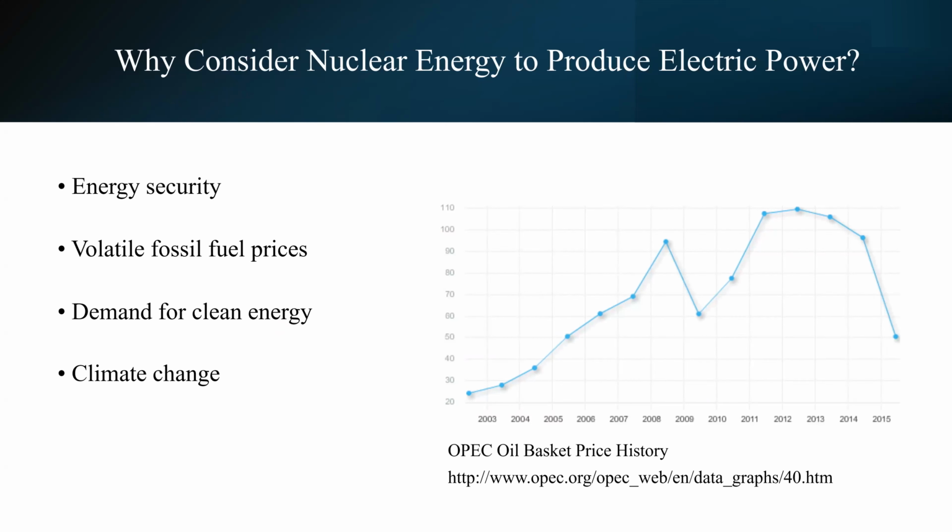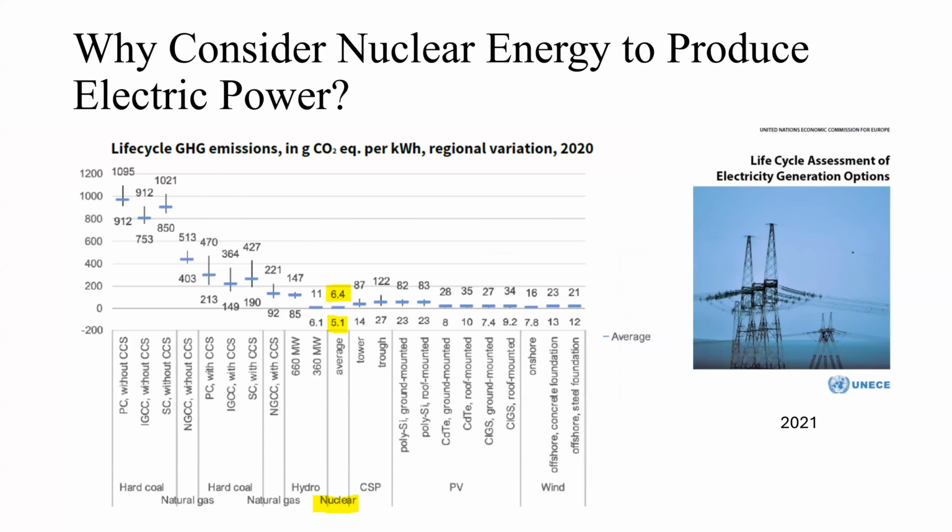So why nuclear energy? Energy security, and we have volatile fuel prices, and we have a demand for clean energy because of climate change. Here you can see that the greenhouse emissions for nuclear, in the yellow, are one of the lowest compared to all other technologies.